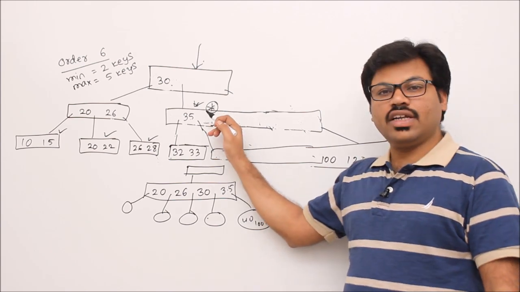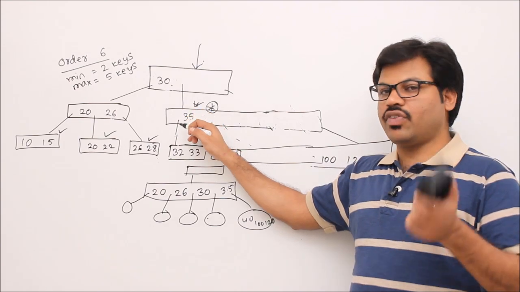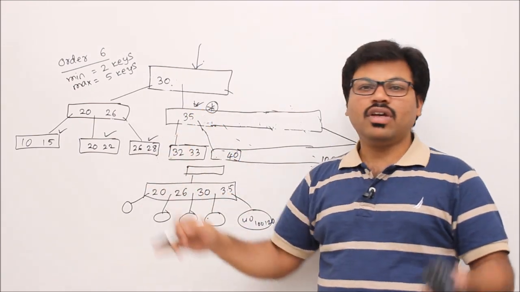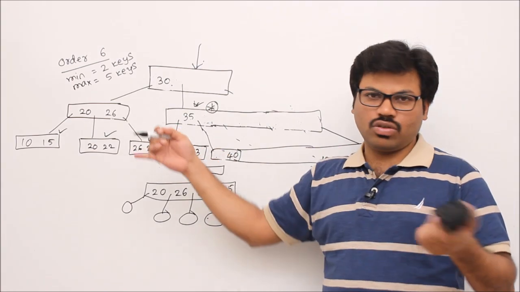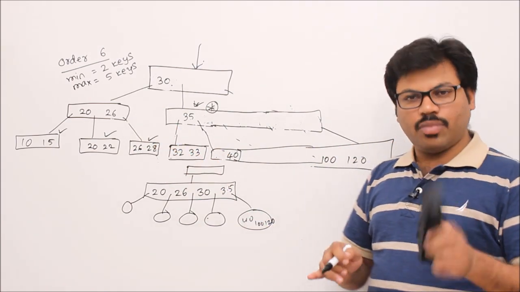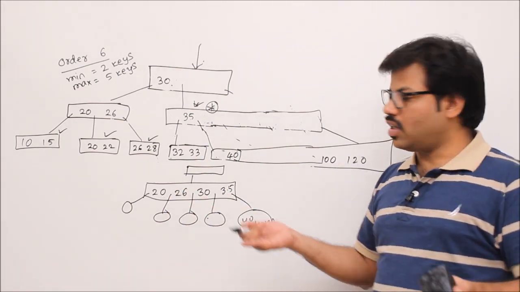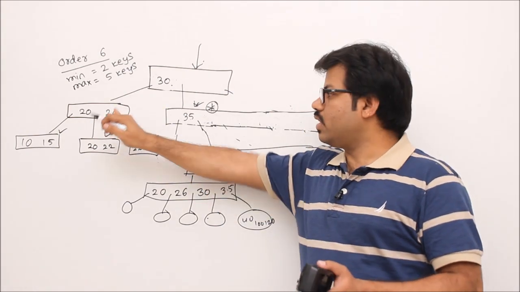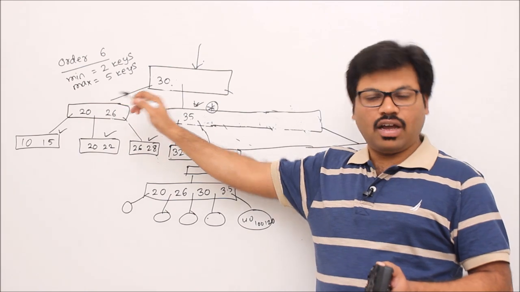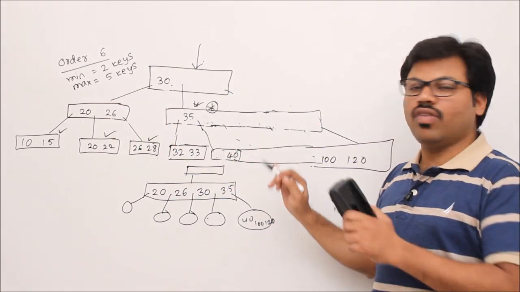Whenever I was deleting from this internal node, that is, whenever that internal node has insufficient keys, at the same time the left subtree also had minimum keys, so we were not able to do that. But we have to do that borrowing process. Of course that's easy, it's not a big deal. We should do that borrowing whenever we have sufficient keys at the left side or right side, in any internal node.